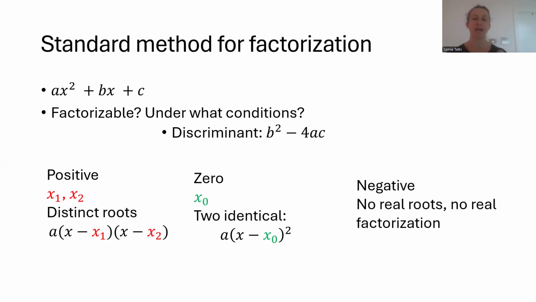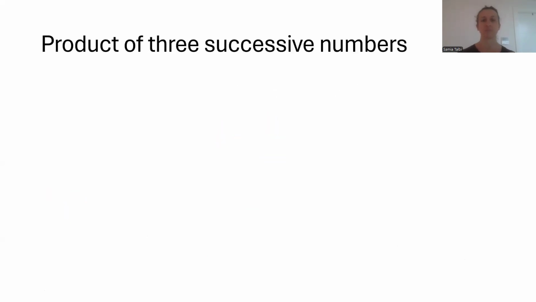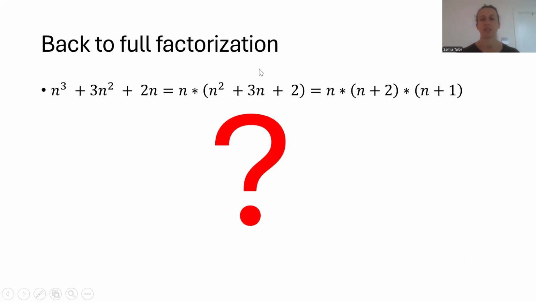So anyway, back to business now. Here, our full factorization gives us taking out the n first, and then splitting it into n plus 2 and n plus 1 as a fully factorized expression of this cubic expression here.